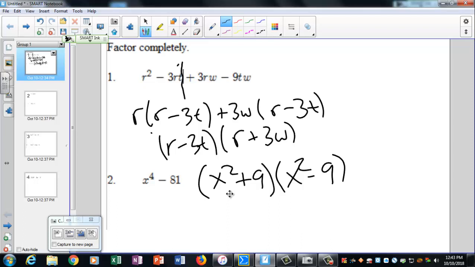Now, when you get a parenthesis that has an x squared in it, you always have to be careful with that.